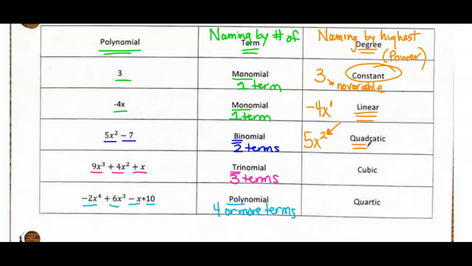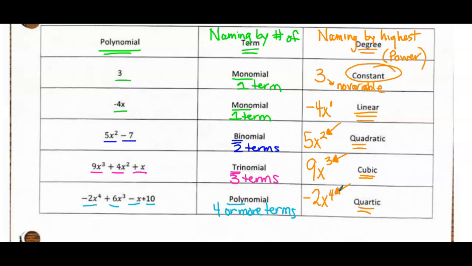So highest degree of 2 is quadratic. If we look at the next polynomial down, the highest degree is 3. That's one that's easy to remember because the highest degree of 3 is called cubic. And the highest one you need to know is to the 4th. And when the highest power is 4, that is called quartic.